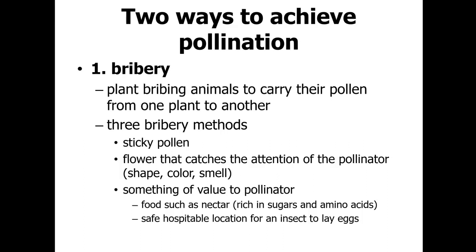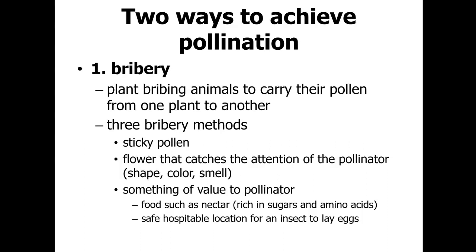2 ways to achieve pollination. We've talked about this in a previous unit. We had bribery, where you bribe the animal to pollinate the plant and go from plant to plant. There are 3 bribery methods. You've got the sticky pollen method, where the pollen sticks to the insect or the animal that's doing the pollinating. The flower is going to actually catch the attention of the pollinator.